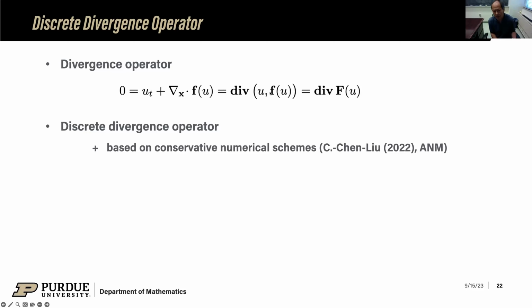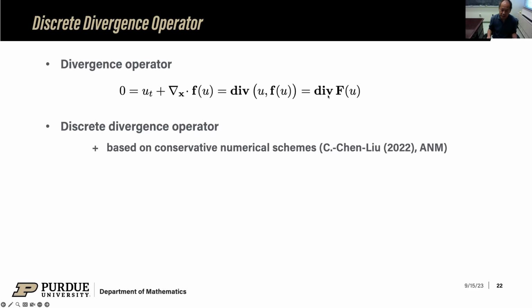The time component is u, and the other one is what people usually call the spatial flux. The hyperbolic conservation law, essentially a very simple equation, is that the divergence of this capital U vector field is equal to 0. So now the question is, what is the meaning of divergence?